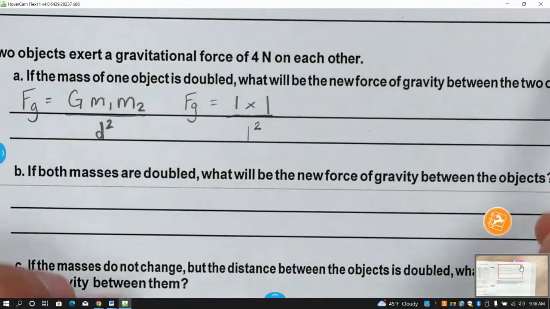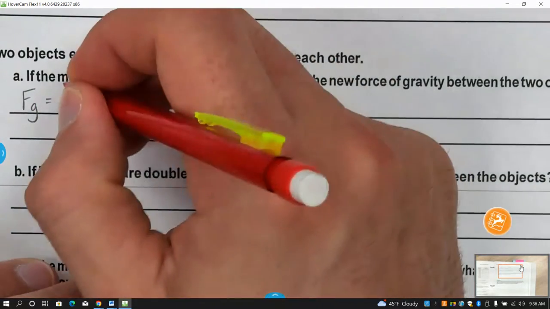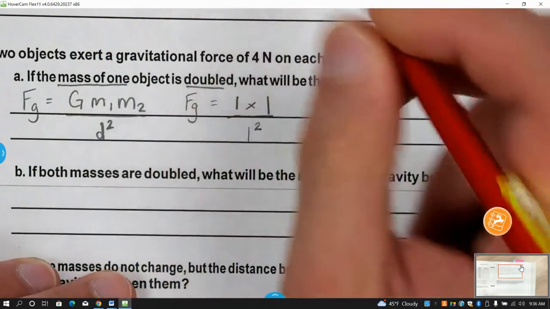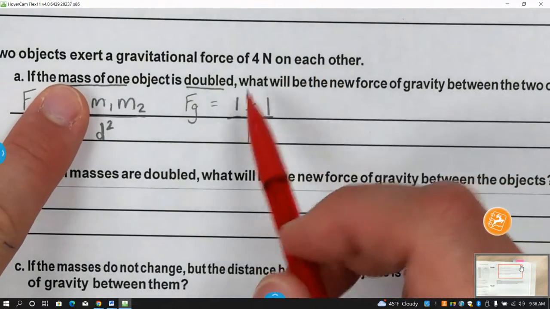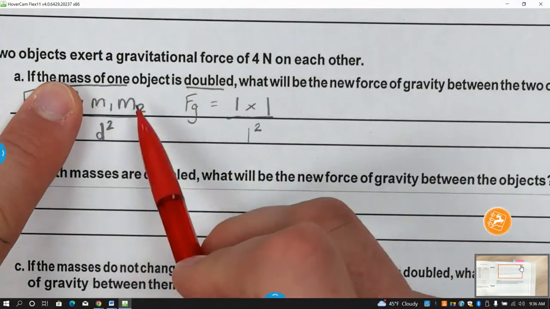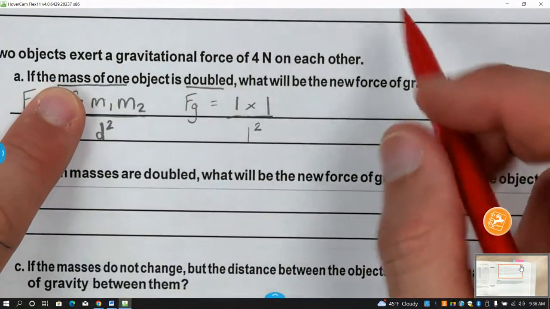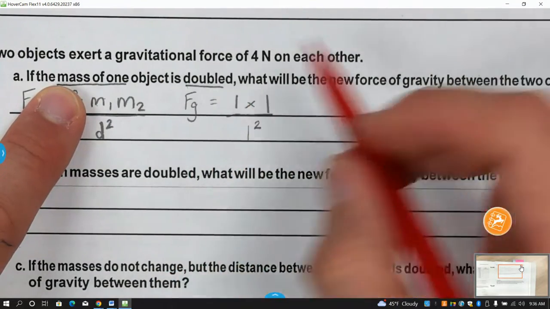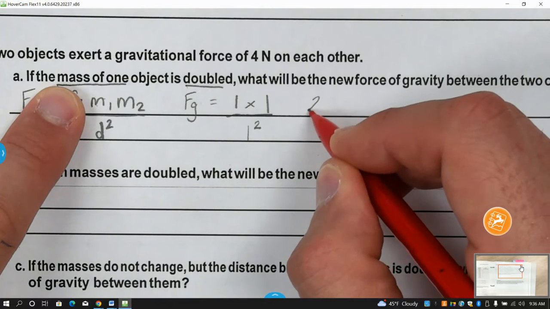Now, it says if the mass of one object doubled. So again, big G we're pretending is not there because it's a constant. It's not going to change anything. M1, M2. Does it matter which one you change? No, I usually will just change the first one. So instead of it being a 1, we're going to make it a 2.